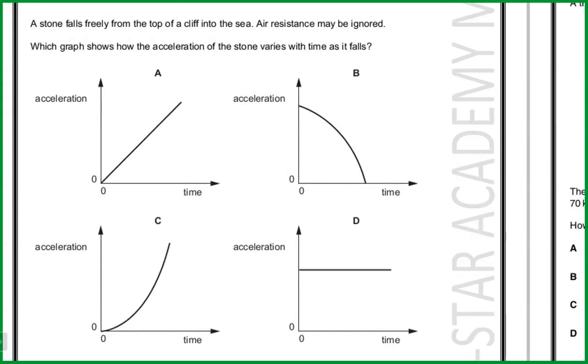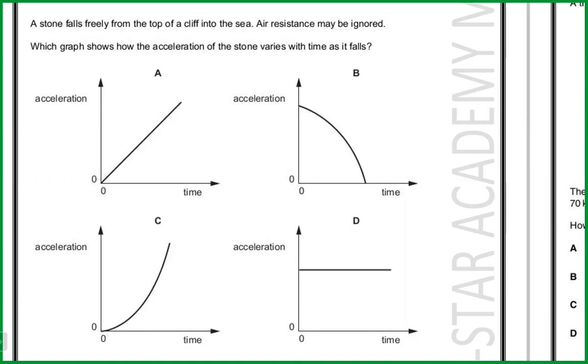A stone falls freely from the top of a cliff into the sea. Air resistance may be ignored. Which graph shows how the acceleration of the stone varies with time as it falls? I think C. No, it is not the distance time graph.